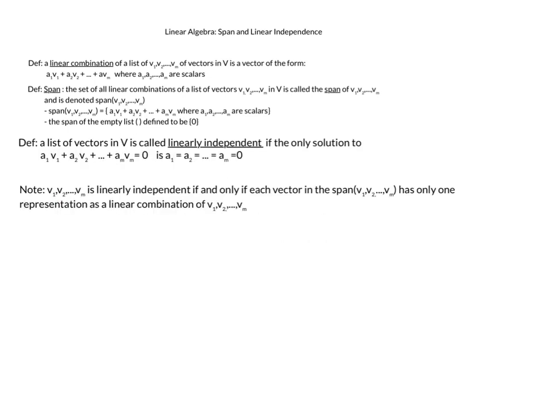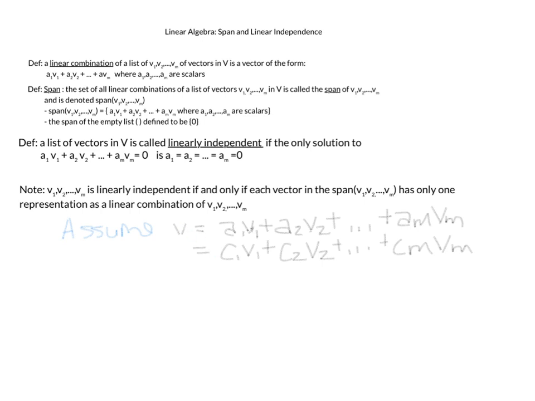So you want to note that v1, v2 up to vm is linearly independent if and only if each vector in the span has only one representation as a linear combination of the vectors. To look at this, let's assume there are two representations for v, with a set of coefficients a and a set of coefficients c.